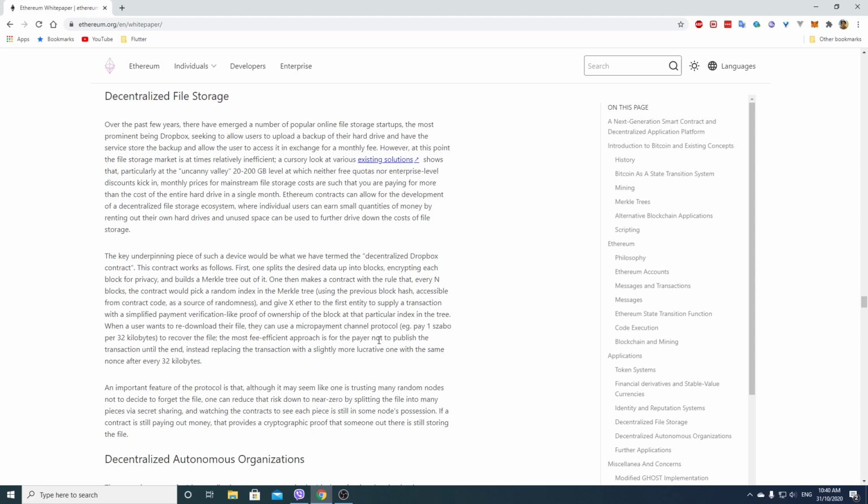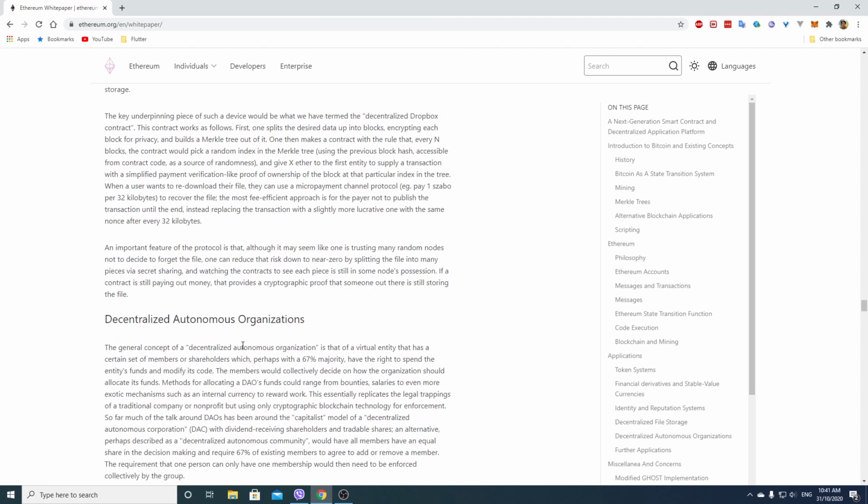If at one point they give you a block and then you refuse to pay, then they would just cut, and they just lose 1 block, 32 kilobytes. So at the end of the day, you would have all your file. If you try to cheat, then they would stop giving you the data, and they are just cheated by 1 sabo. So that's pretty okay.